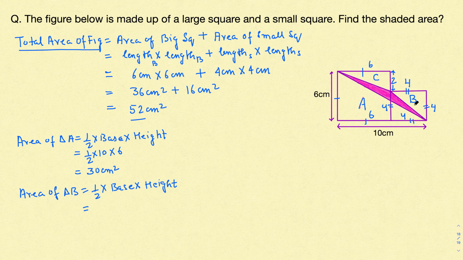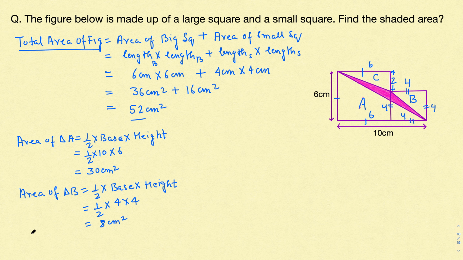This is our triangle B, and we can see here both the sides are 4. Either you take this as base and this as height, or the other way around. Basically both the sides are 4, so you can safely put for base and height 4 times 4, and that will give you 8 cm square, right.